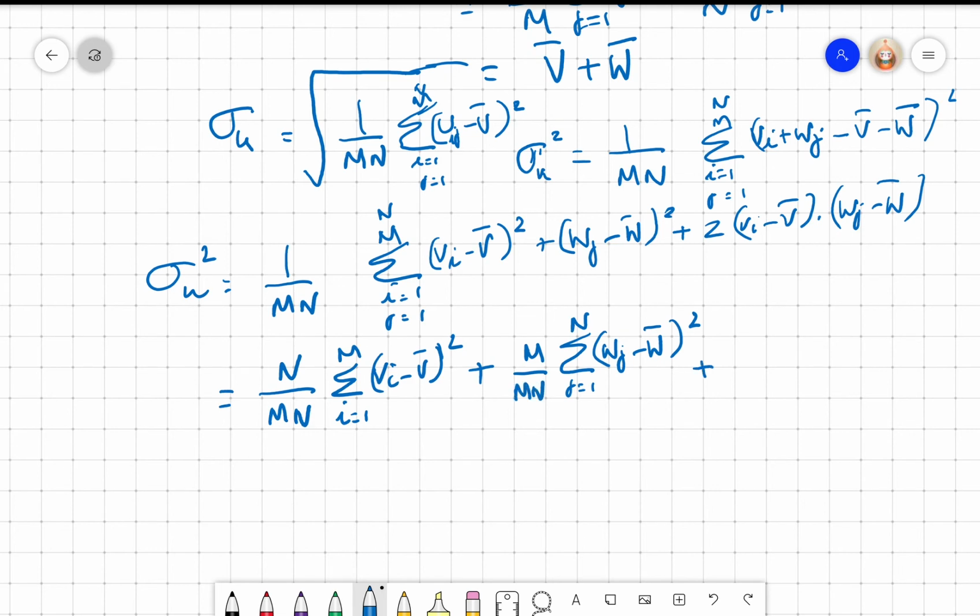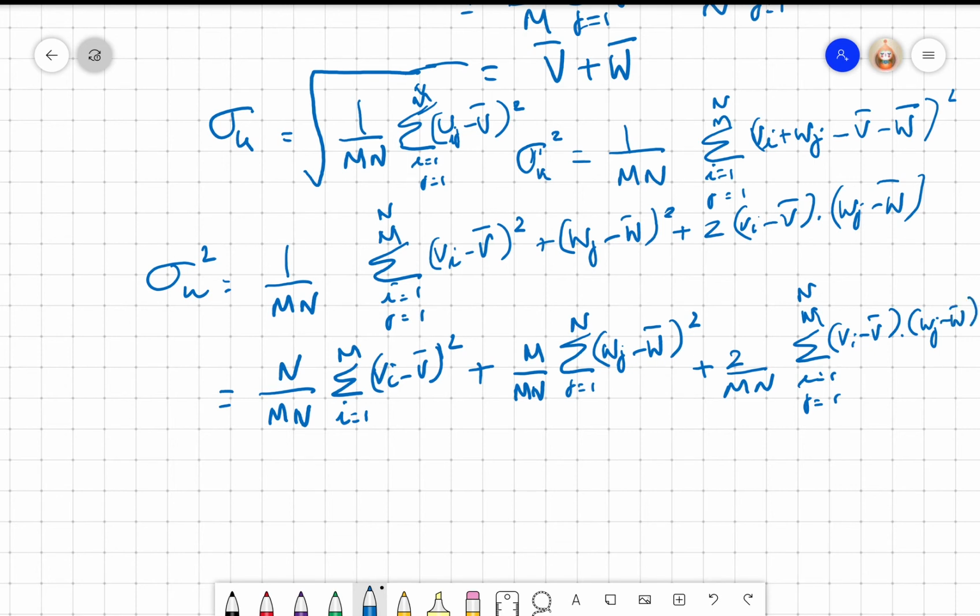Now in this sigma, both I and j are there, so I'll have to put 2 by mn, sigma I equal to 1 to m, j equal to 1 to n, vi minus v bar into wj minus w bar.